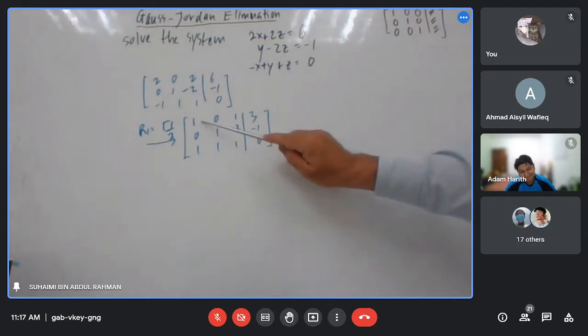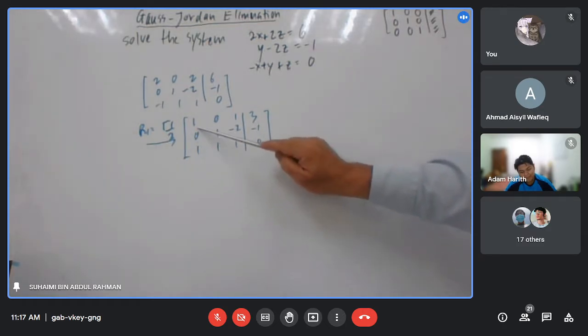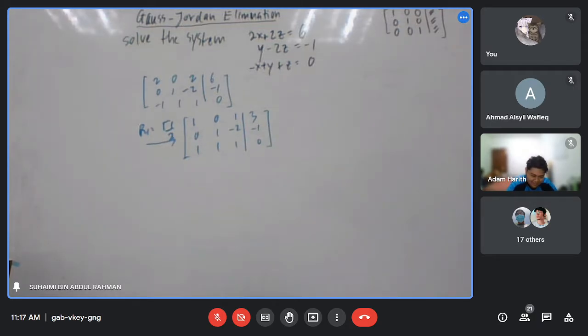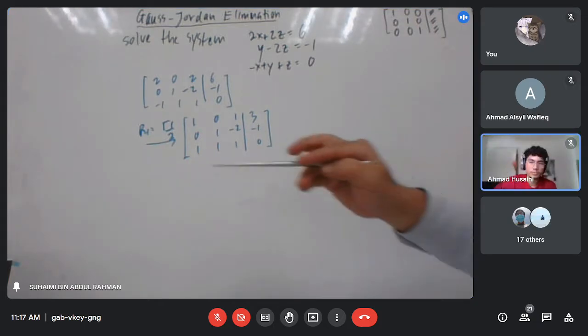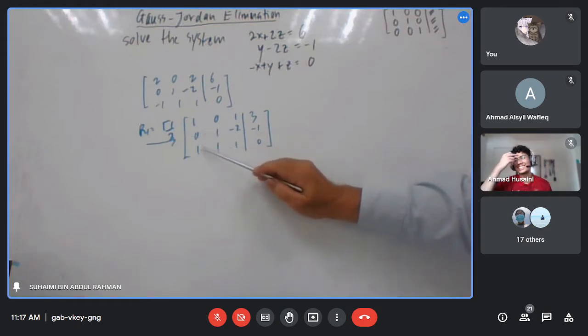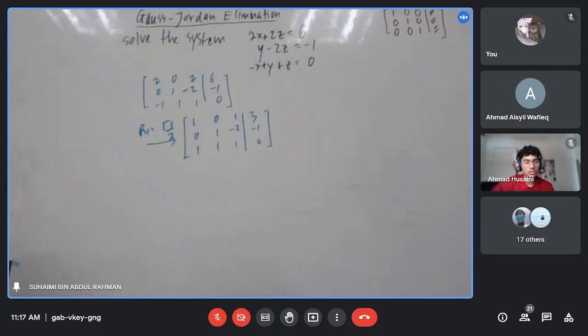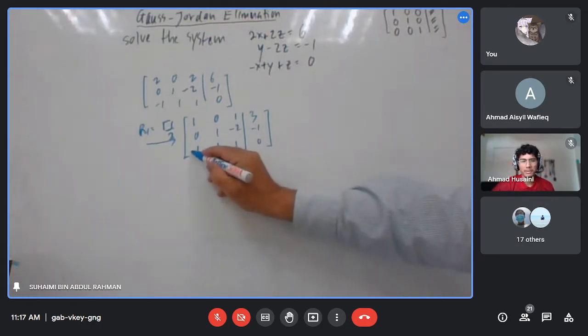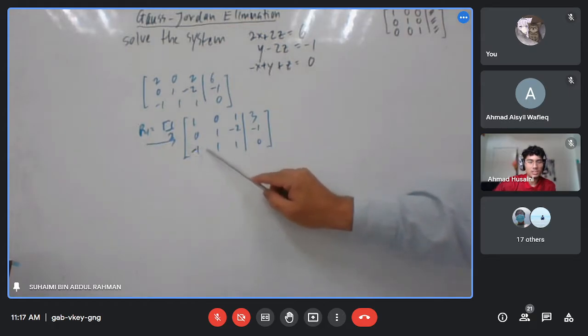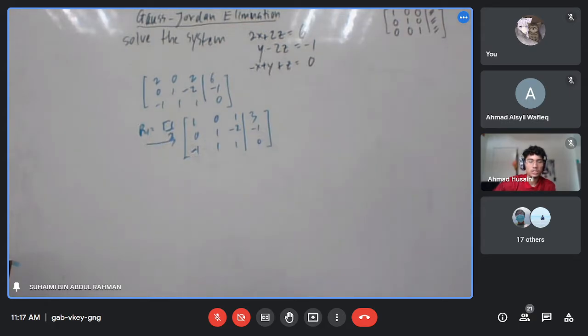Then we move to here. What are we supposed to make? 0. So we have nothing to do because it's already 0. We go to the next one. What is supposed to be made here? Negative 1, sir. So what do we have to make? 0.